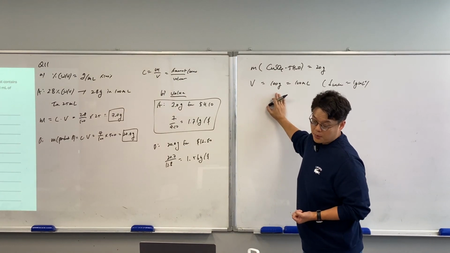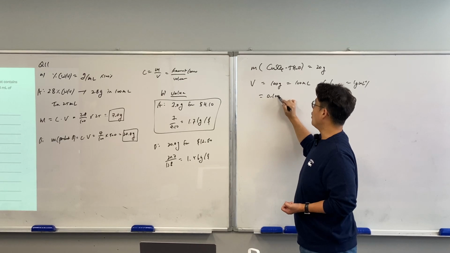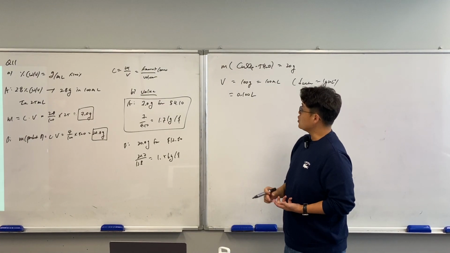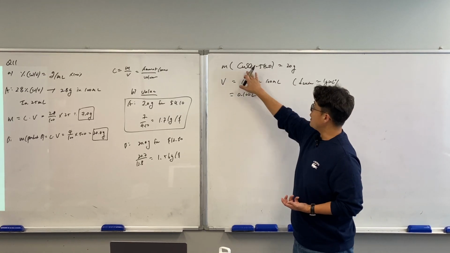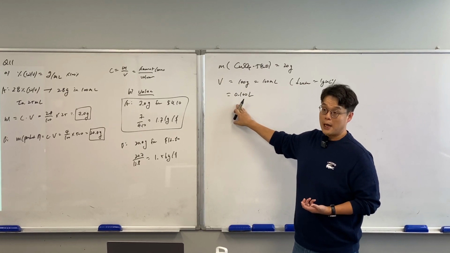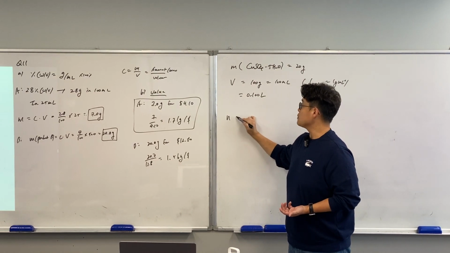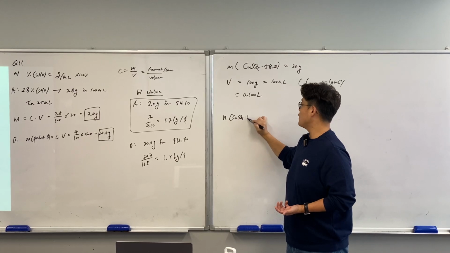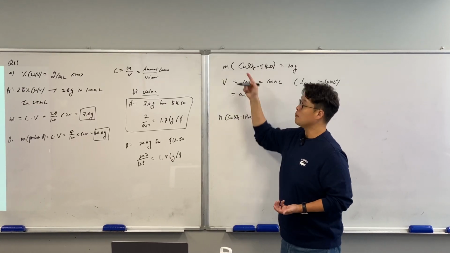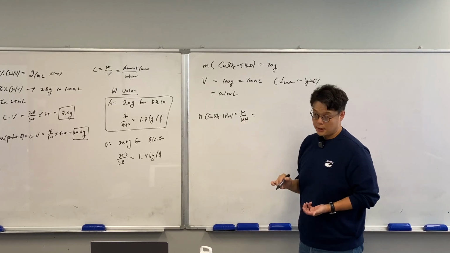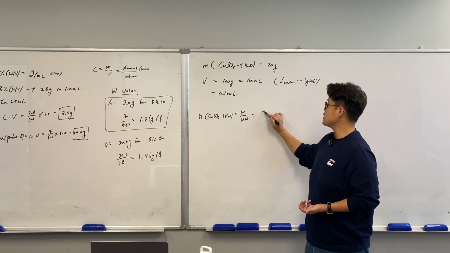So we are given 100 mL, which is basically 0.1 L in the units we're looking for here. So we actually have mass per volume, which is grams per liter. But what do we need to do to convert it into moles? Remember n is always mass over molar mass, so for copper sulfate 5H2O, from the given mass of 20 divided by the molar mass.